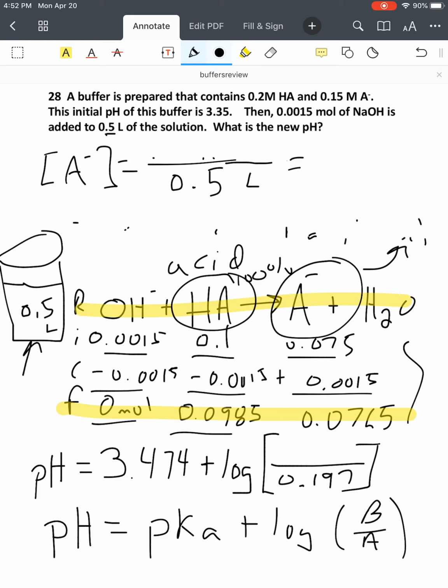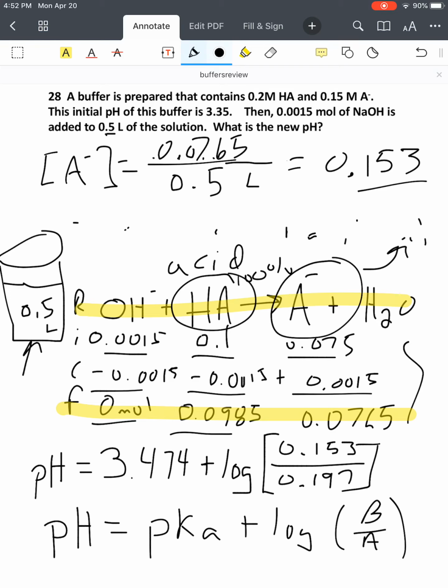Still have half a liter of volume, but now my A minus is 0.0765 moles. So I take 0.0765 divided by 0.5, and you get 0.153 mole per liter for that one.